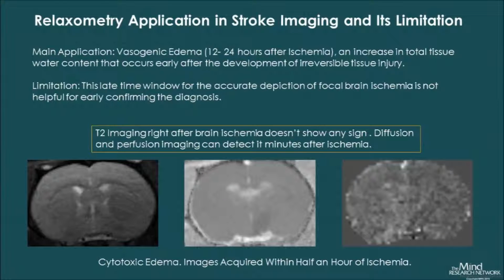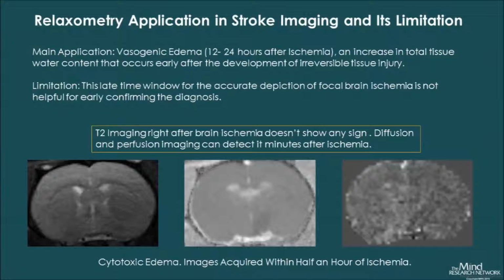So the major application of relaxometric imaging is to detect so-called vasogenic edema in stroke. It usually appears 12 to 24 hours after ischemia. It happens when there is an increase in total tissue water content after development of irreversible tissue injury.